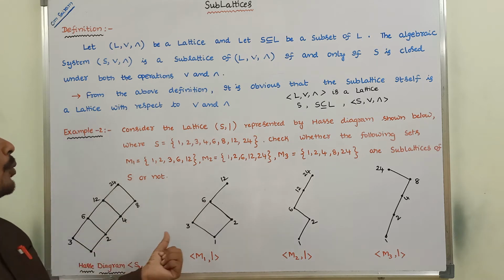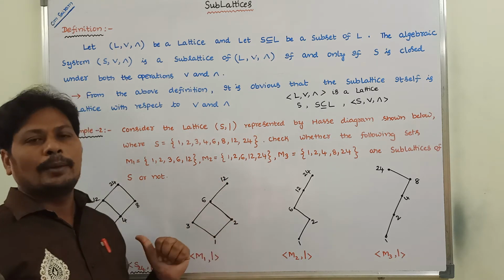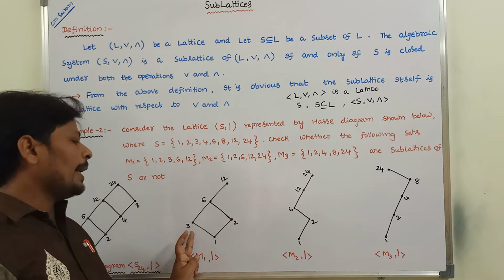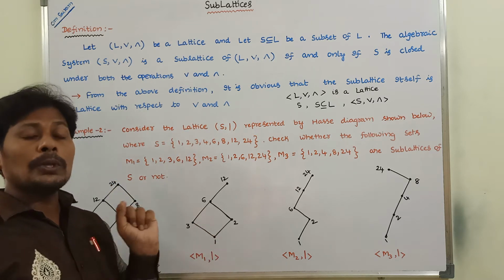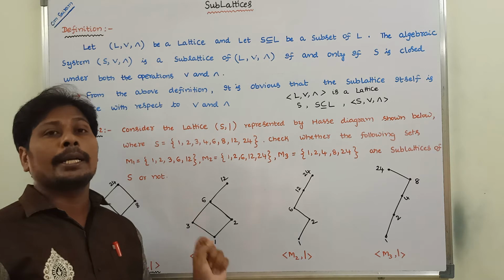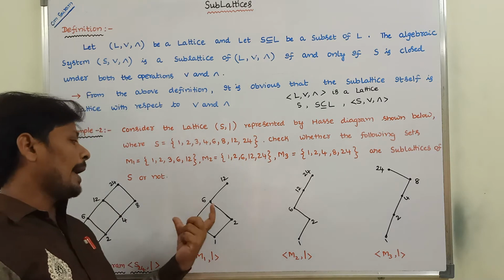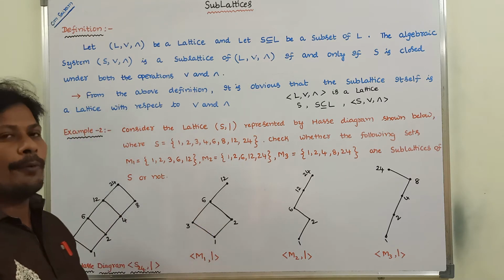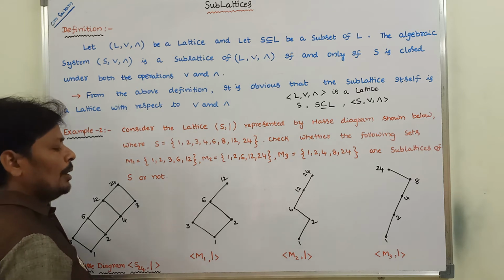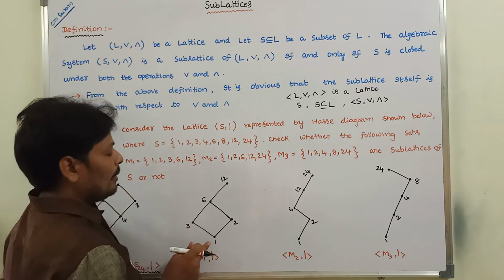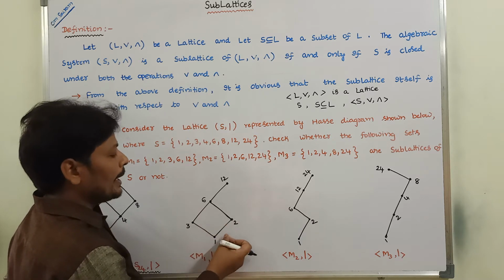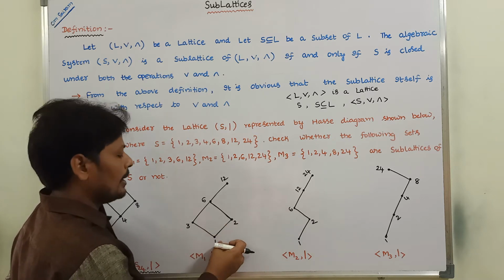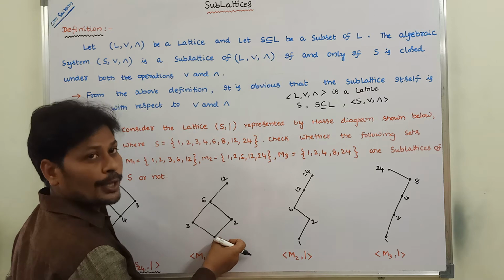Now we have to check: for any pair of elements of M1, whether both the least upper bound and the greatest lower bound exist or not. We have to verify them. We can take the pair of elements 1 and 2. So 1 divides 2, yes, there is a relation between 1 and 2.